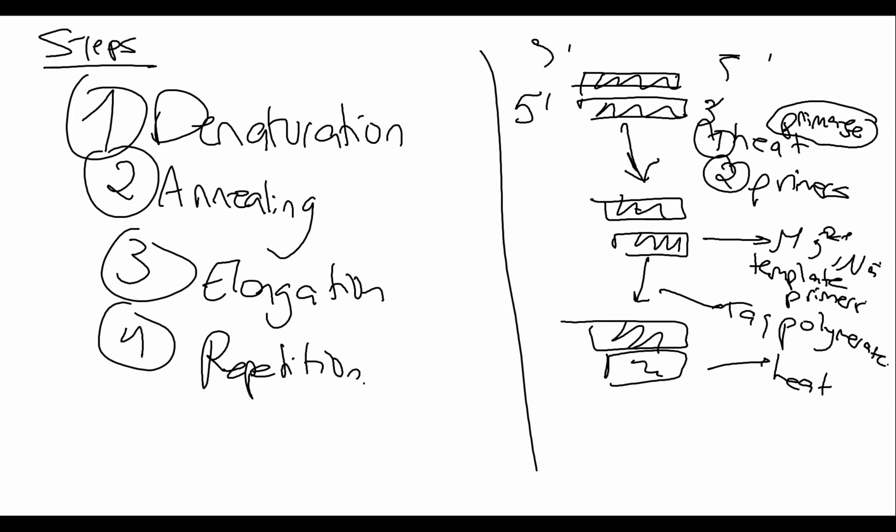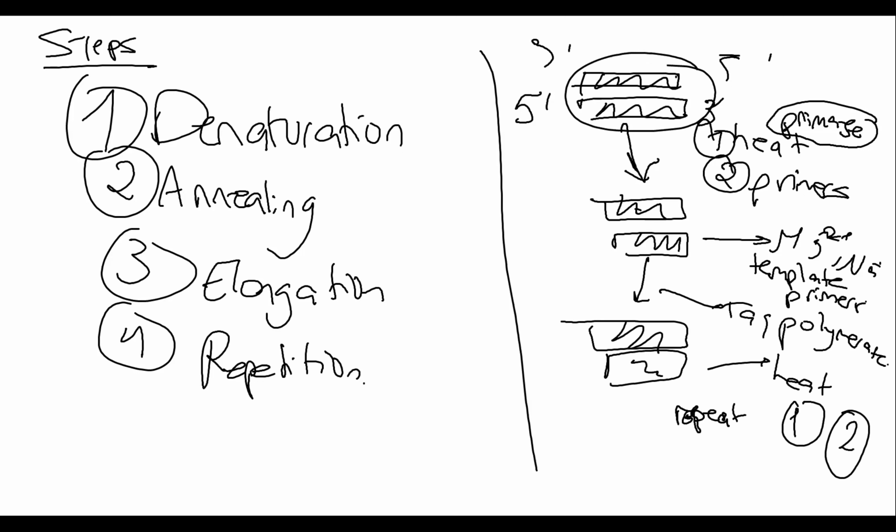Because usually this polymerase is thermostable. It can hold heat. So if we heat it so much, this polymerase is able to hold it, right? And then here we repeat the cycle. We repeat the first and second cycle, which is first we heat, and then we add the primer, and then we still heat and add the primer, heat and add the primer until this DNA part is already amplified.